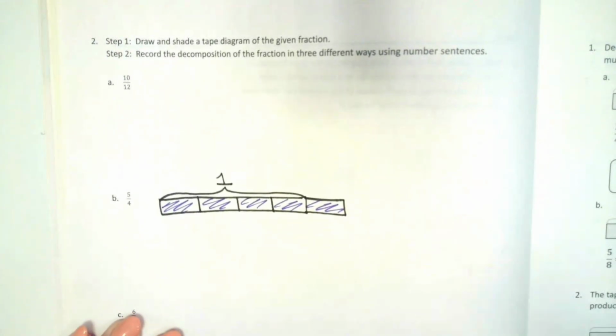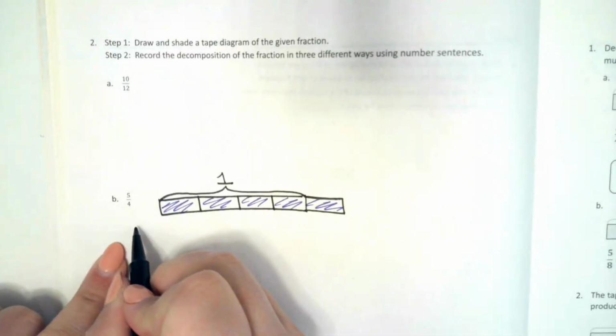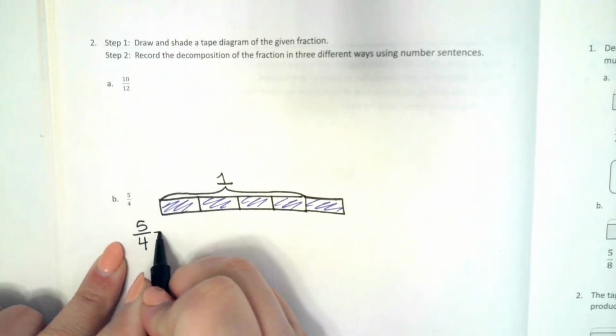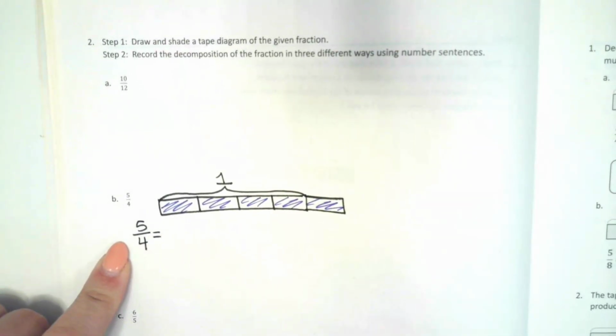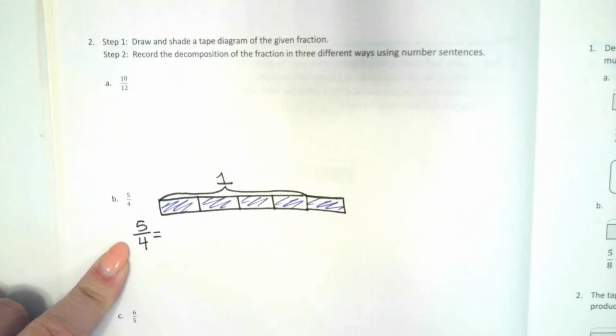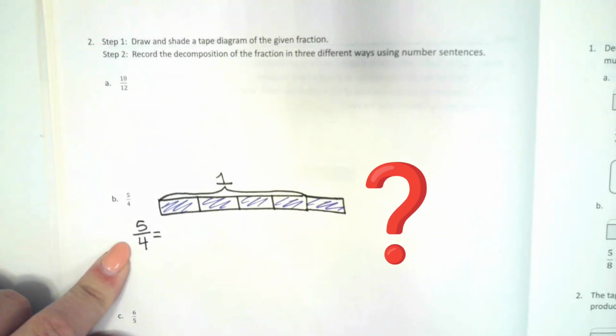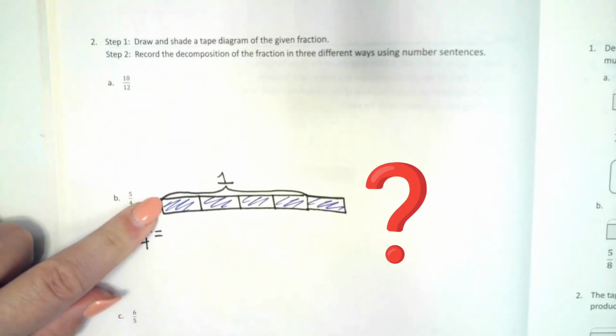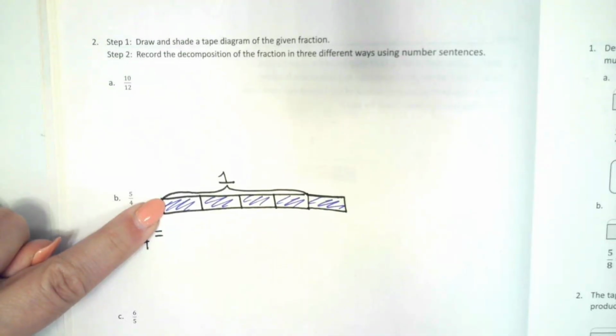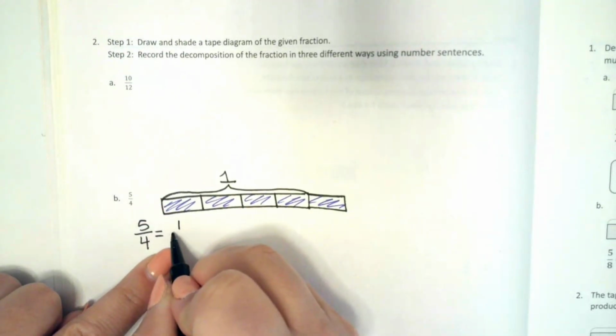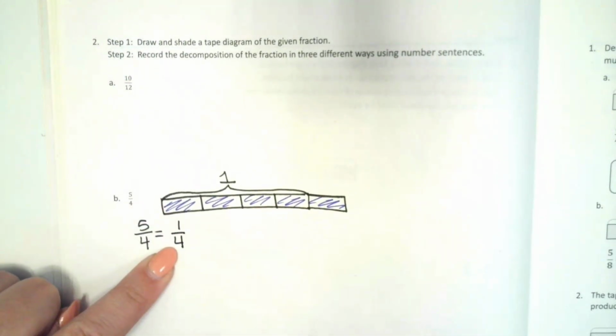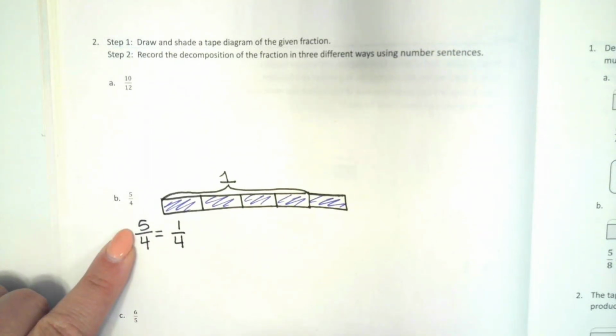Now we have to record the decomposition 3 different ways. Start with 5 fourths equals. For the first one, let's use unit fractions. What is the unit fraction? Each piece is called 1/4. Let's add 1/4. How many 1/4 do you need to add to equal 5/4?